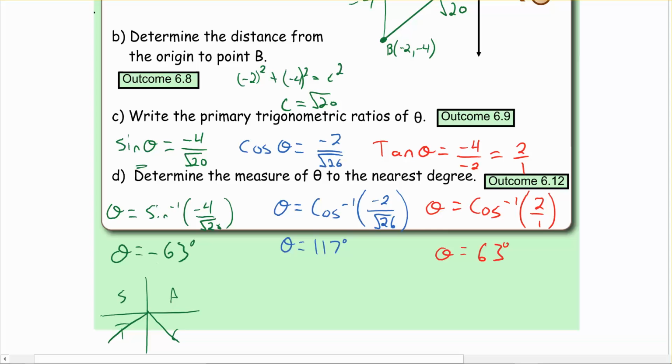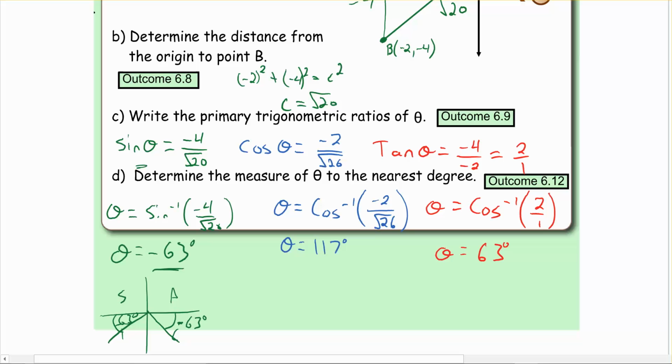So what this negative 63 is telling me is that this is negative 63. But what I can say is that then this is also 63. So I'm able to intuitively see that both those reference angles are the same there. So that's all that one's telling me. So pretty much I know my reference angle is 63 degrees.